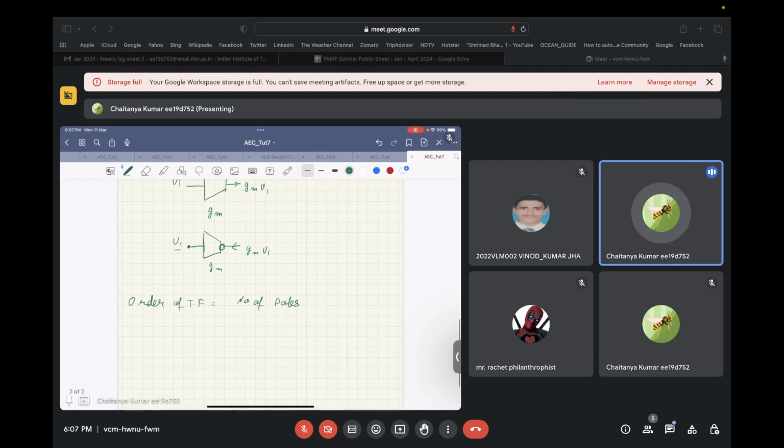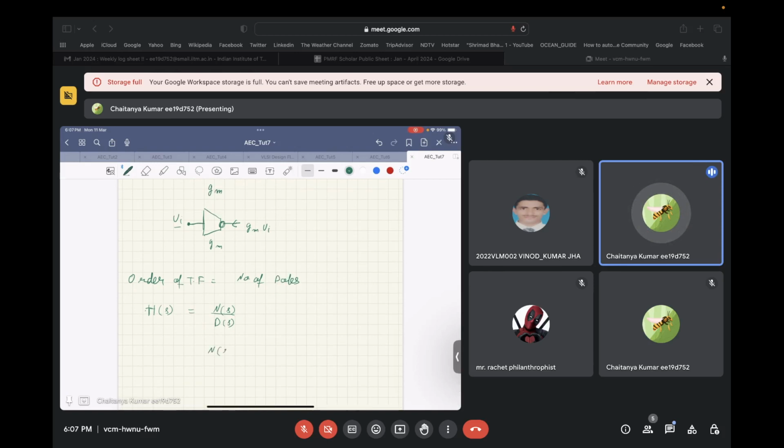So let's say we have the transfer function H(s) equal to N(s) divided by D(s). So for now, let's assume N(s) equal to 1 and D(s) equal to, so the standard form to write the second order transfer function is s squared upon omega naught squared plus s upon omega naught Q plus 1.